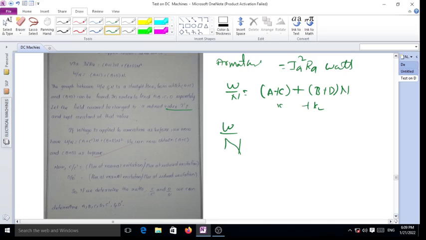If the voltage applied to the armature is varied, we know W by N is equal to A plus C plus (B plus D) N square, so we can finally obtain A plus C and B plus D. Then C by C dash is equal to flux at normal excitation over flux at reduced excitation.